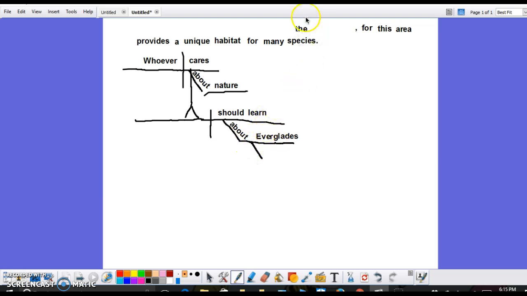It still goes with Everglades, but it's going to be tilted. Any adjective that goes with a noun goes underneath that noun. So that's this whole first part. Whoever cares about nature is our subject, our noun clause, and then the verb: should learn about the Everglades. But now we have the rest of this.